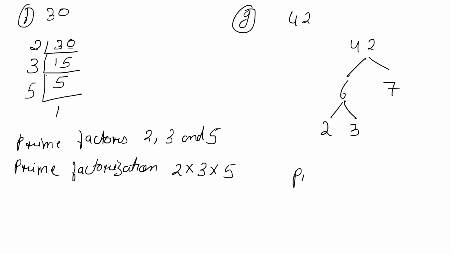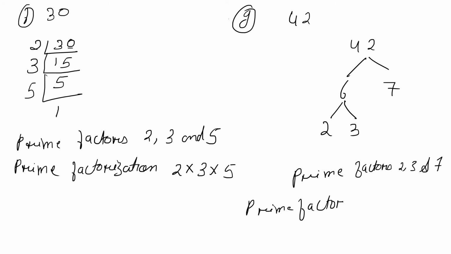So the prime factors are 2, 3 and 7. And the prime factorization is 2 multiplied by 3 multiplied by 7. 2 3's are 6 and 6 7's are 42. So we got the answer.